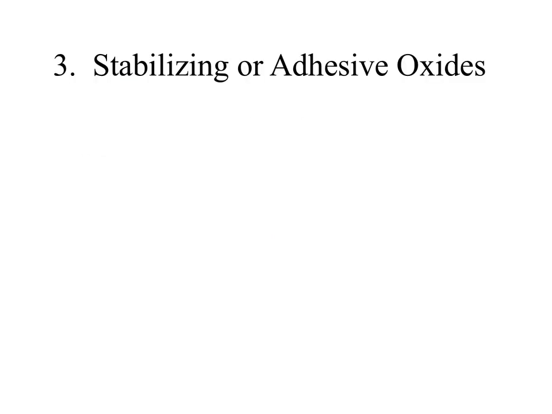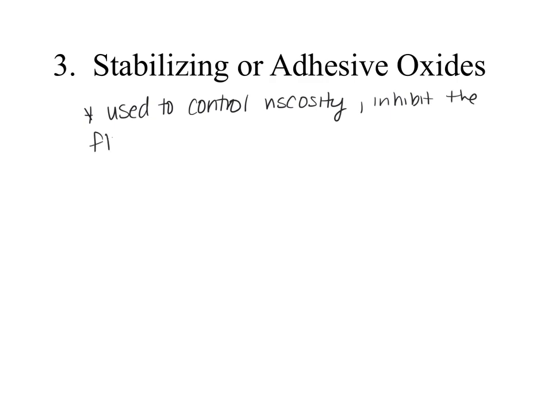Now, the third type of oxides are stabilizing or adhesive oxides. These are used to control viscosity, inhibit the flow of molten glass, and they also slow down crystal formation.